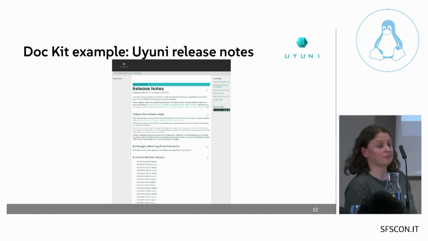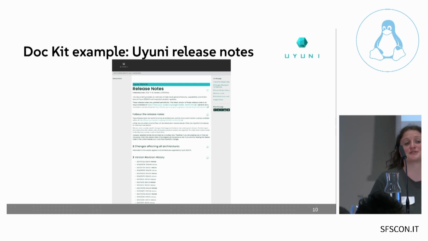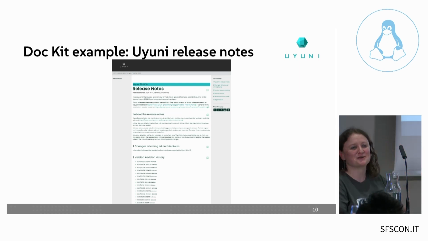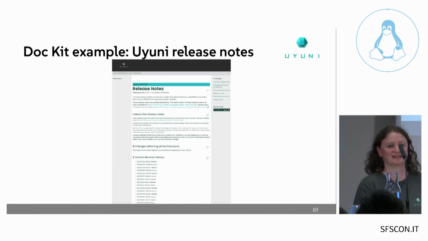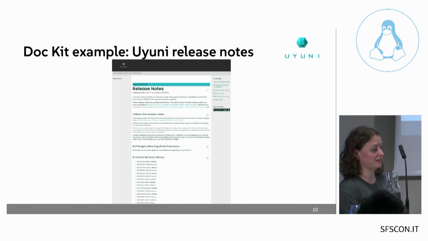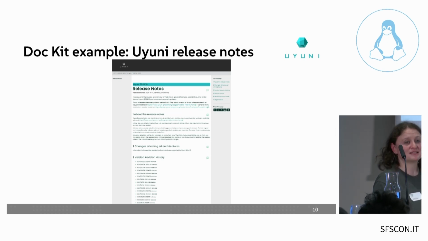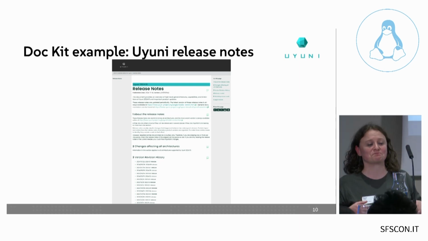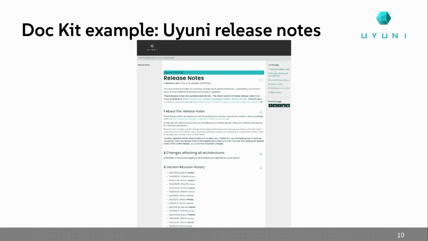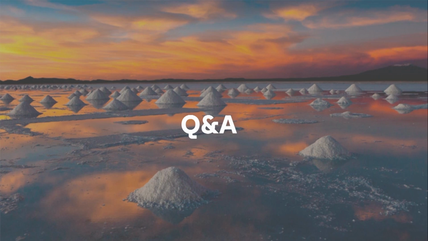And this is the outcome. It's really few steps, but it seems a completely different set of information that is available and can be made available. So I hope it's a good example for inviting you to have a look at Dockit and to try to use it also in your projects.